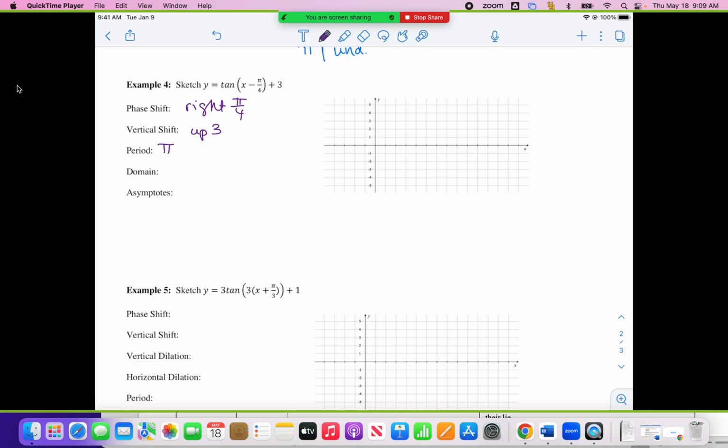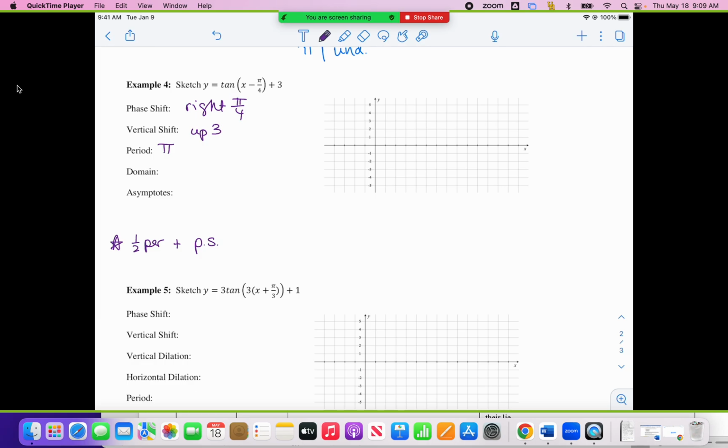Then let's figure out the asymptotes. Here's what I do to find the asymptotes in general. To do your vertical asymptotes, you're going to take half the period plus the phase shift.